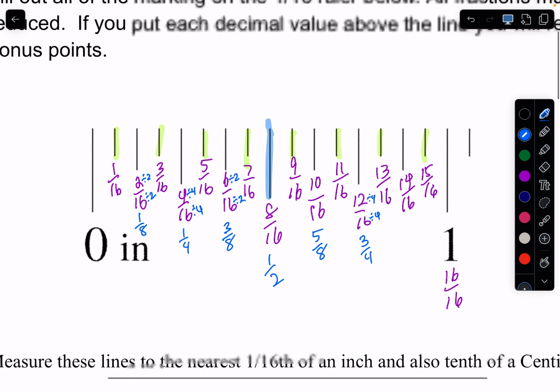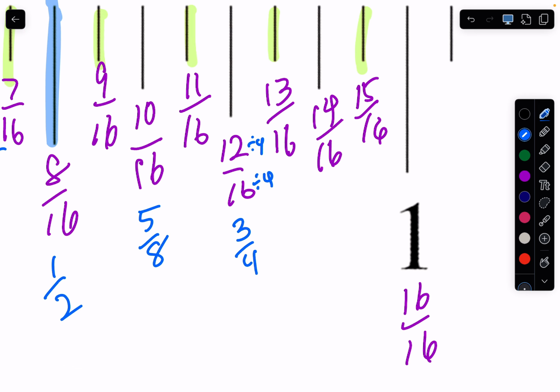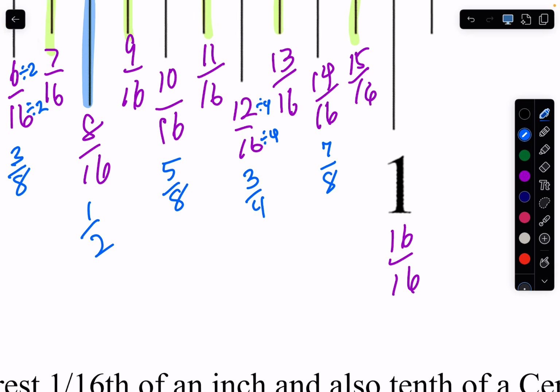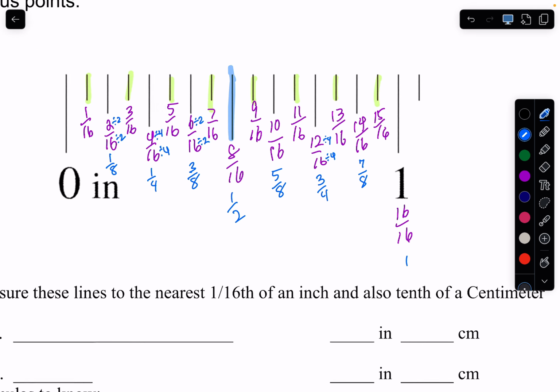If you think about fourths, 1/4, 2/4, 3/4, 4/4, it is breaking down in fourths. Some of this you can use logic, and how it looks is helpful. 14 and 16 are both divisible by 2. So that's 7/8. And then 16/16 is 1. You don't even necessarily have to write the 16/16. I wouldn't mark anything wrong if you didn't mark that one.